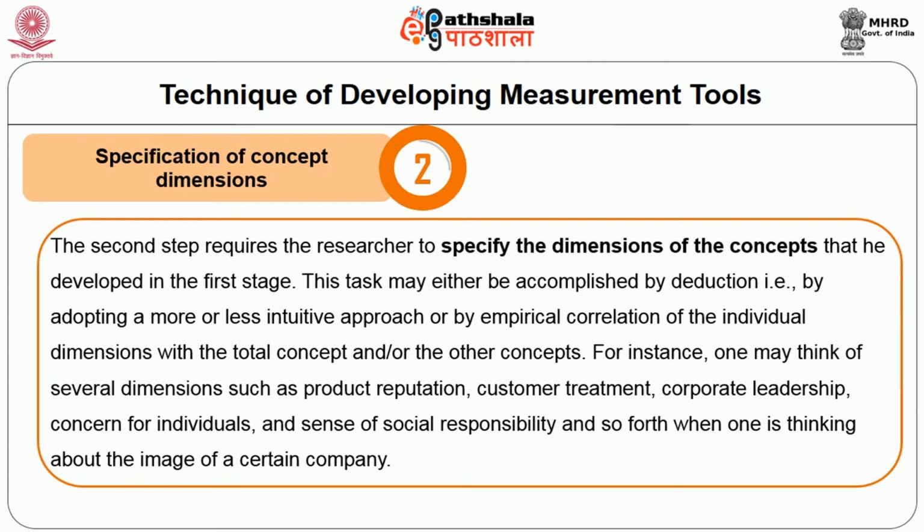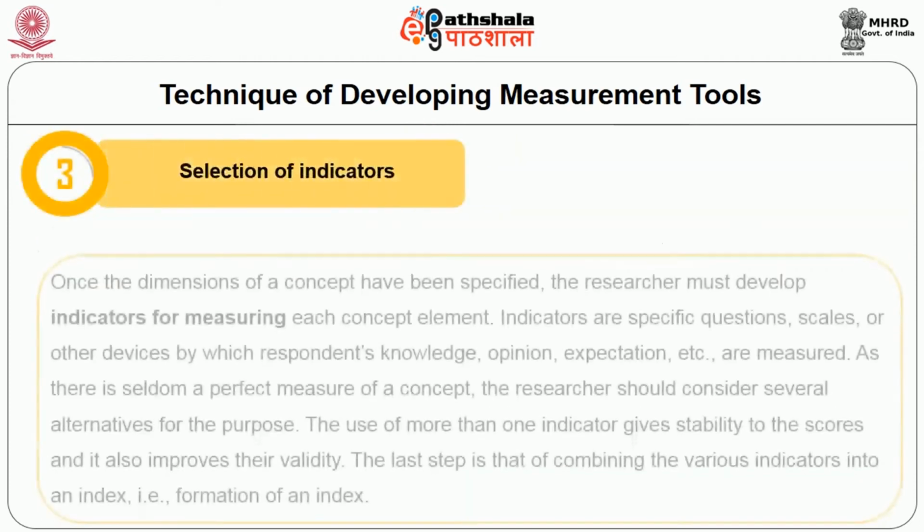For instance, one may think of several dimensions such as product, reputation, customer treatment, corporate leadership, concern for individuals, and sense of social responsibility and so forth when one is thinking about the image of a certain company.